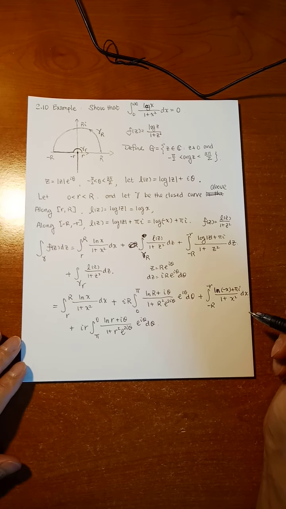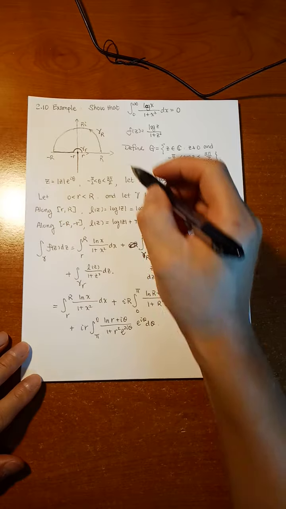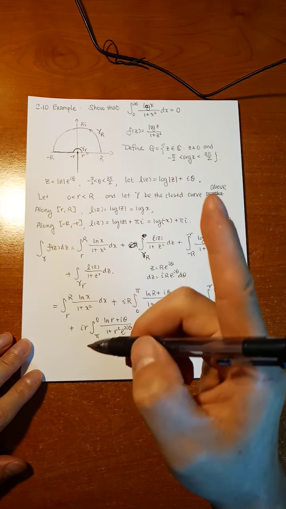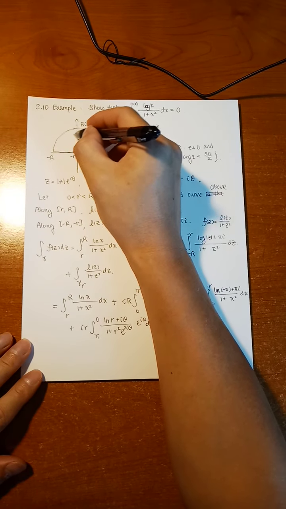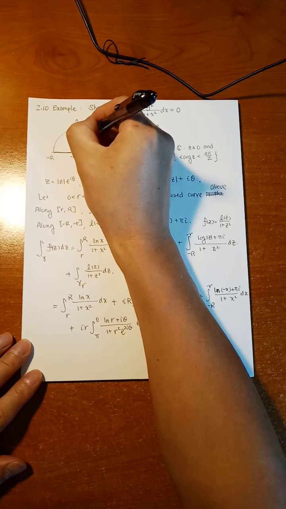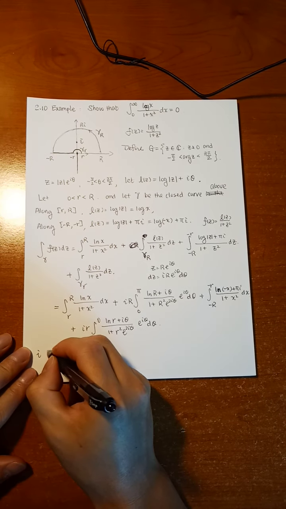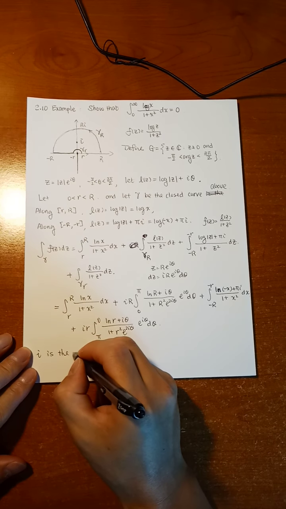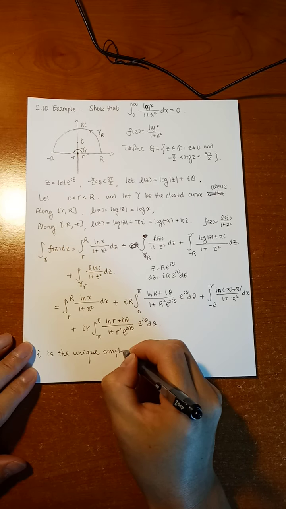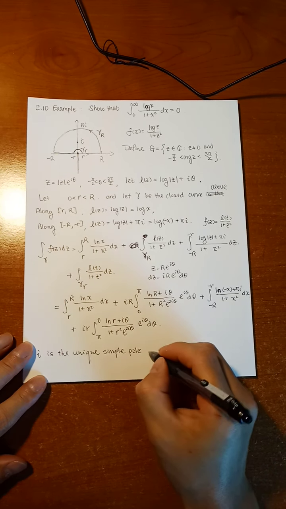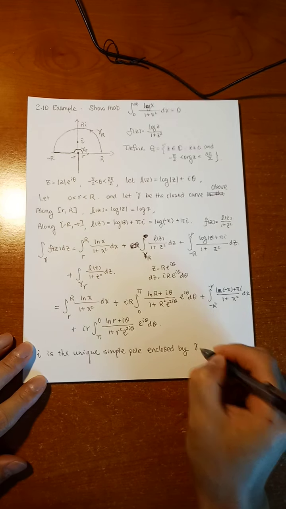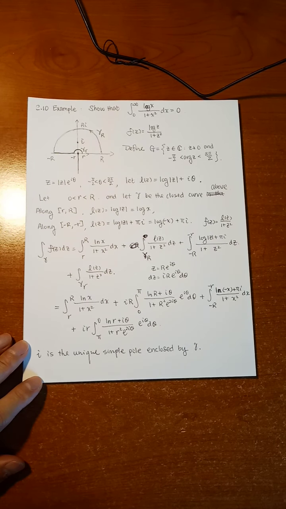What's next? Next, we're going to see that this function has just one simple pole enclosed by this curve. z equal to i is the unique simple pole enclosed by gamma.